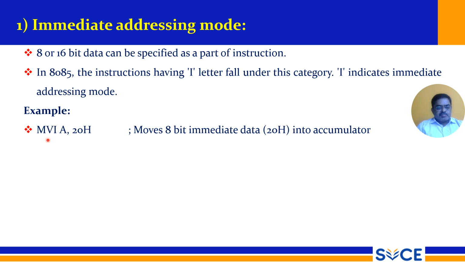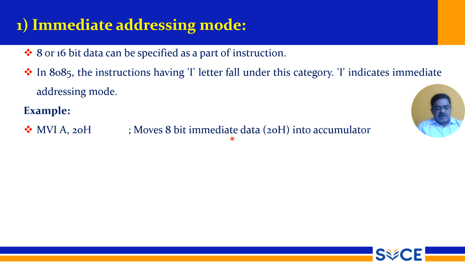Here 20 is the data, and H stands for hexadecimal number, so the base is 16. For a decimal number the base is 10, for a binary number the base is 2, and for an octal number the base is 8. Similarly here it is a hexadecimal number.